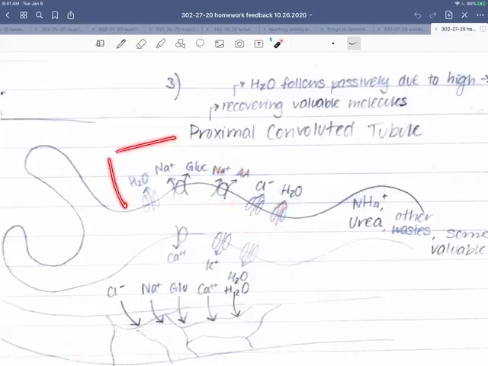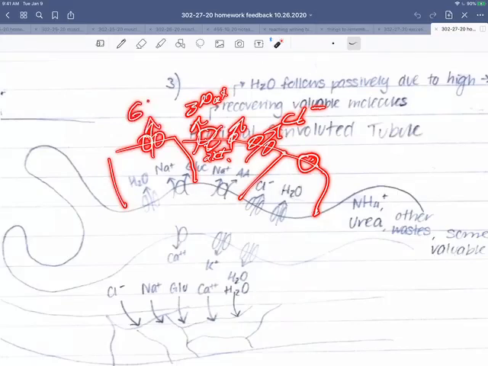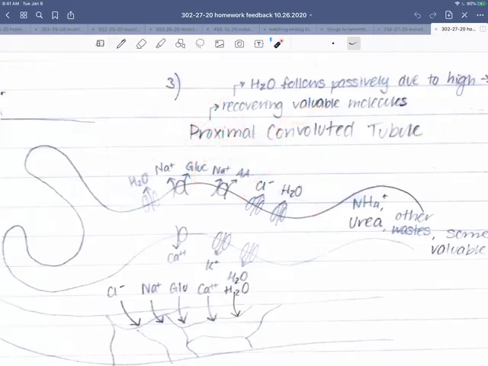And there would be cells here, of course, and on the opposite side of these cells would be channels for chloride. Sodium-potassium pump keeps moving 3 sodiums out for 2 potassiums in, amino acid transporters and glucose transporters.